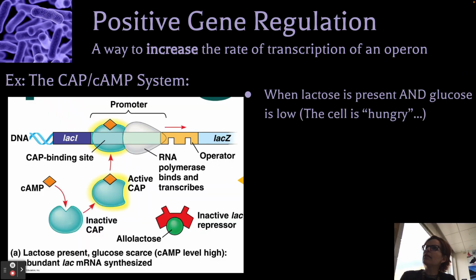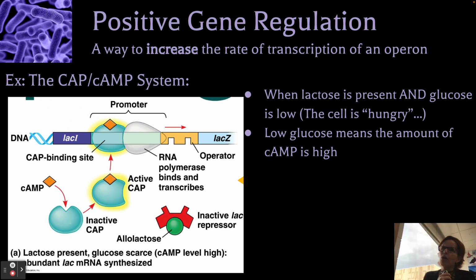I'm sorry, there's one more thing about this. If the cell wants this to happen super fast, then there's also this thing that we joke is kind of like turbocharging it. So when lactose is present and glucose is low, the cell is hungry. Low glucose means the amount of cyclic AMP is high.